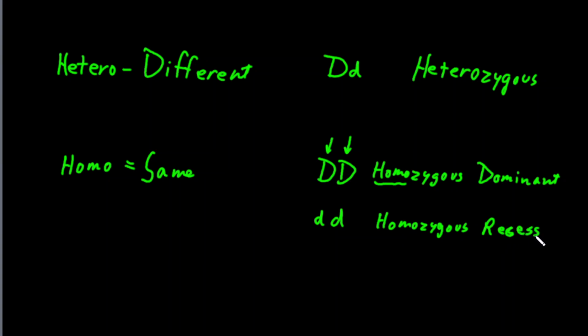Ooh, remembering how to spell recessive, it's a hard thing to do. Okay, so homozygous dominant and homozygous recessive. So take a moment and fill in on part B, number 2, whether those things are homozygous, heterozygous, and homozygous dominant or recessive.